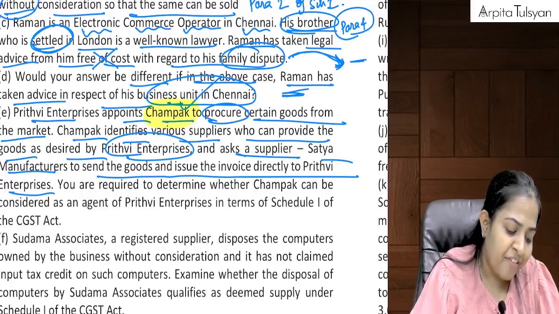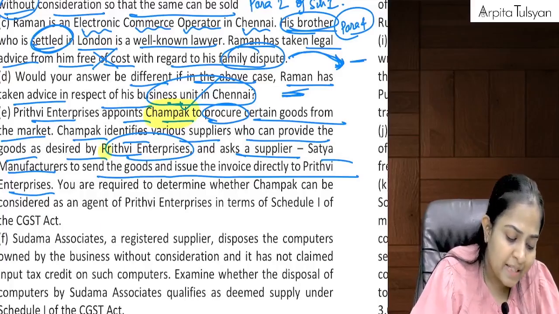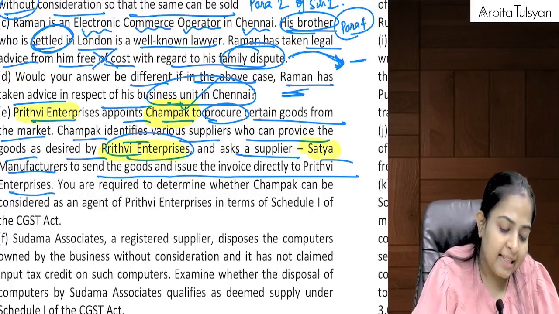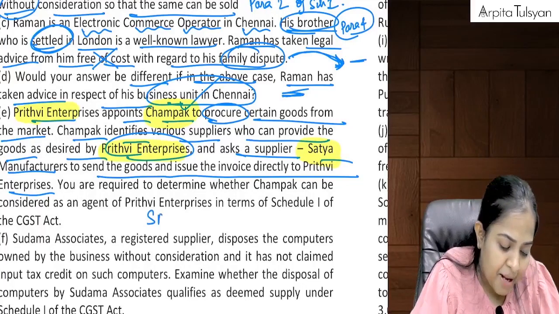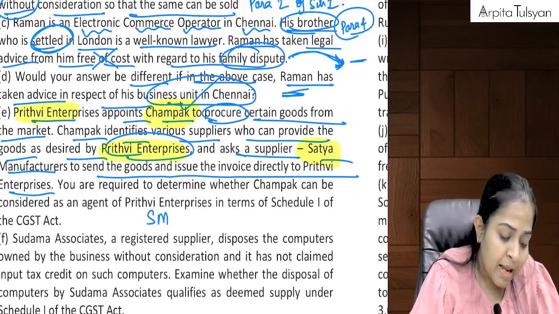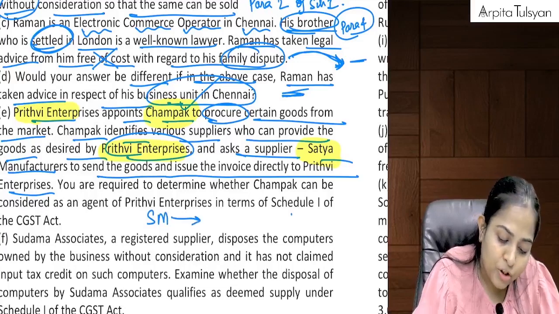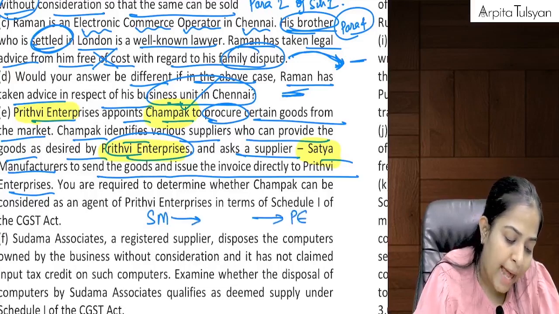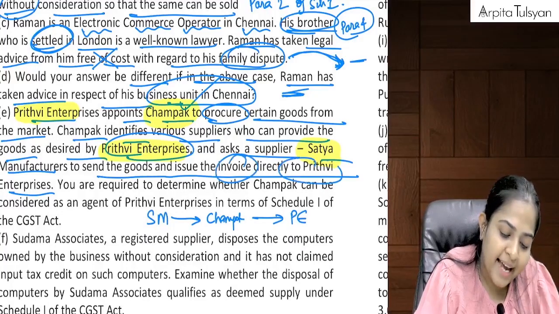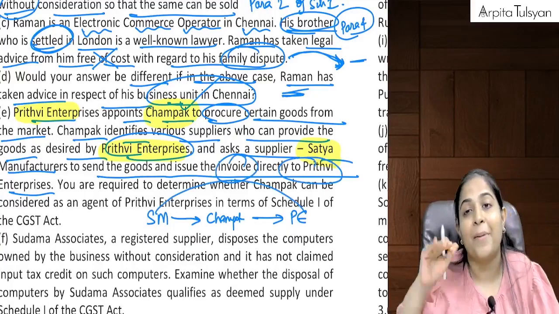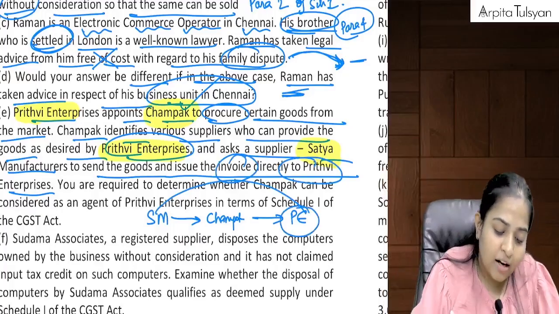Champak identifies the suppliers. The principal is Prithvi Enterprises, and the main supplier is Satya Manufacturers, who supplies the goods to Prithvi Enterprises through an agent called Champak. The invoice is directly issued to Prithvi Enterprises.